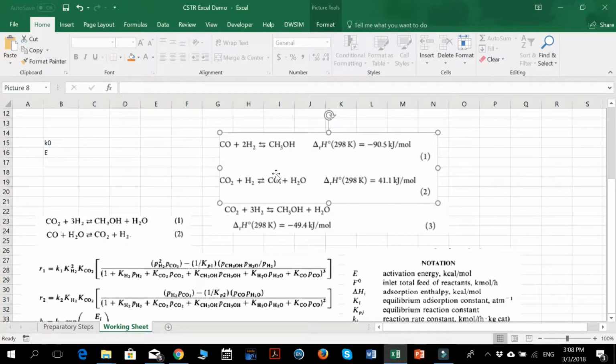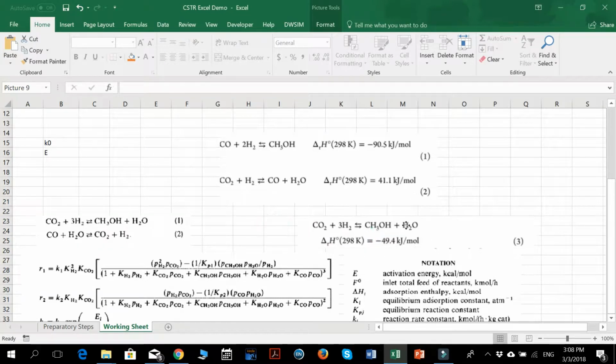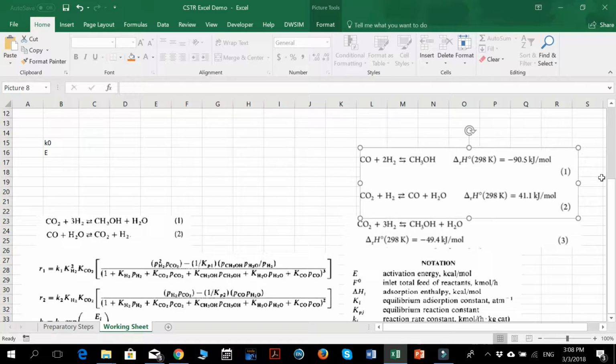Can you see the second reaction here? CO plus H2O reversed becomes CO2 and H2. So these two reactions are exactly in the opposite direction, so we'll have to take note of this later. But regardless, we'll still have to key in the kinetic constants.